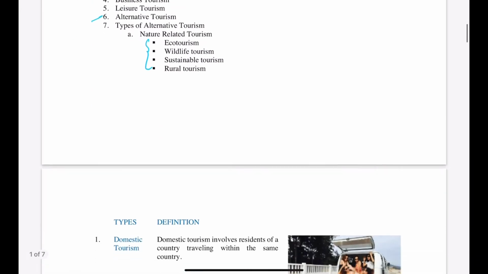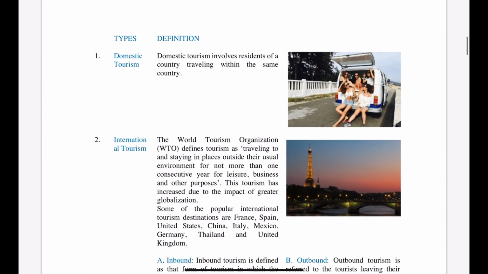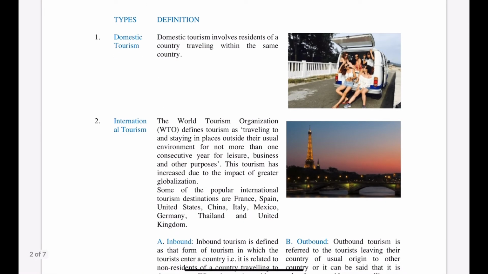Now there is also a form of alternative tourism, and under alternative tourism we have many types. From that, there is nature related tourism, below which we will have different types like ecotourism, wildlife tourism, sustainable tourism and rural tourism. Now let's see how we can classify them into such types. So we have the types, we have the definition and we have an image to describe it.